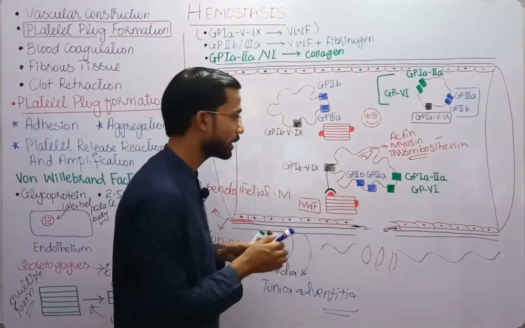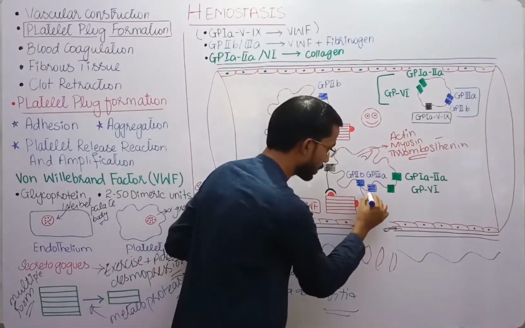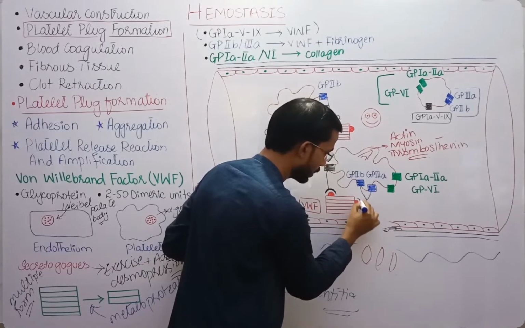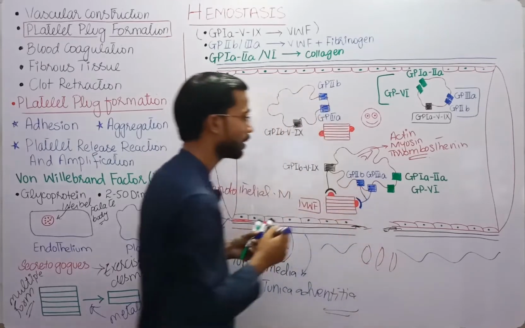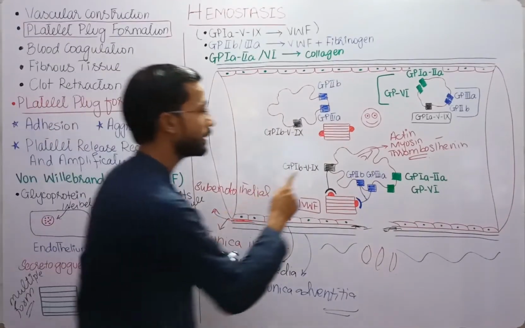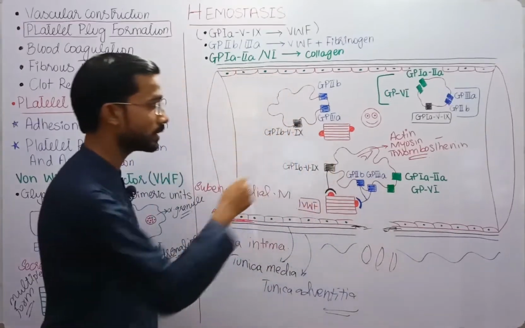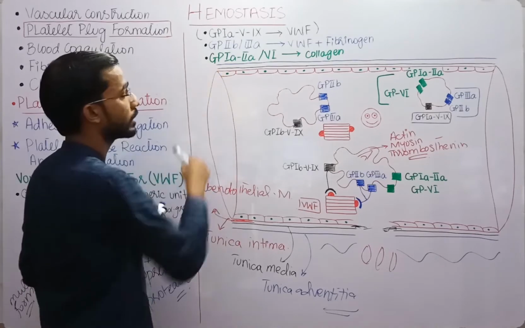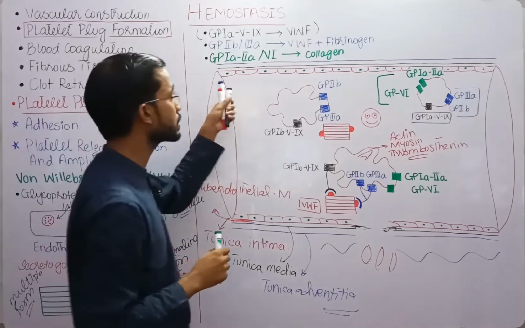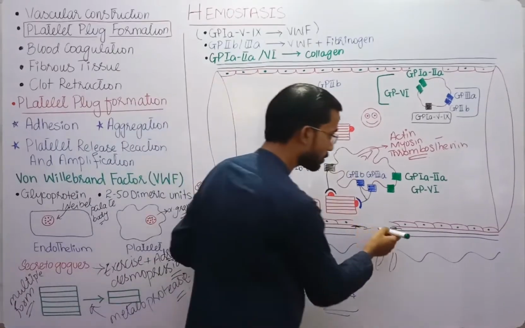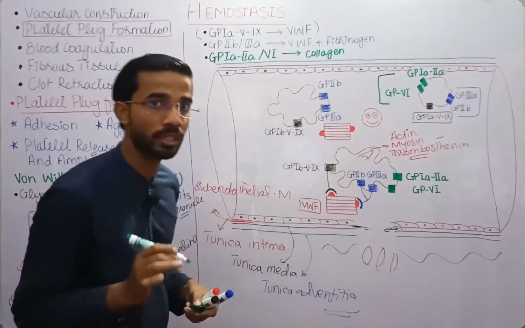This complex can attach with von Willebrand factor, right? And the last is the glycoprotein complex, which is shown by the green color, just only attached with the collagen, which is exposed by the subendothelial membrane.